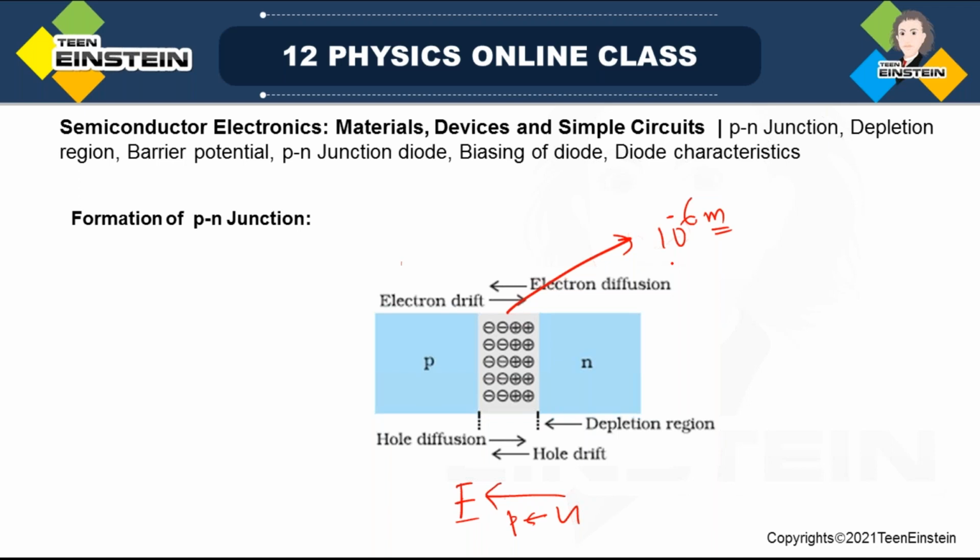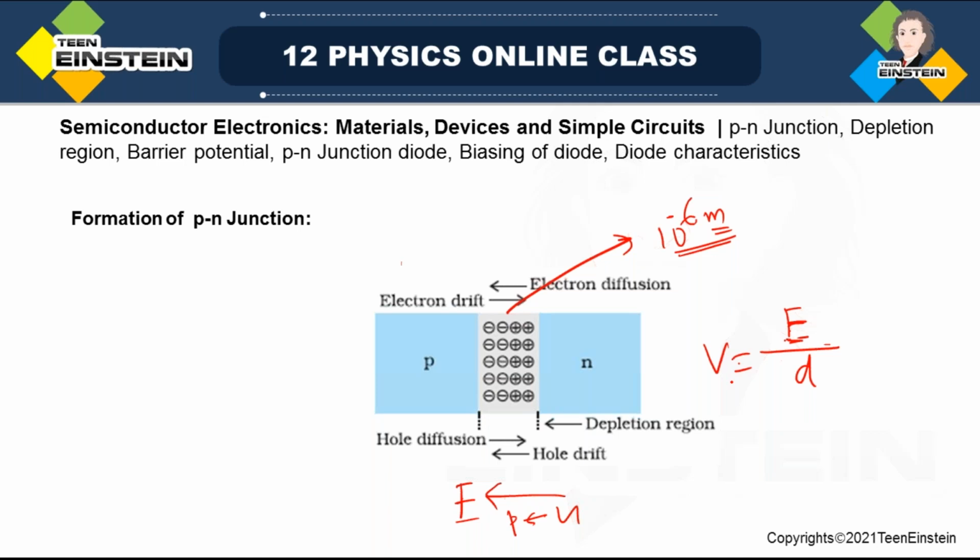If you have the electric field, then you can find the potential across this junction, which is the electric field times the thickness of the layer. Since this thickness is of the order of 10 to the power minus 6 meter, the electric potential barrier will be a huge amount.